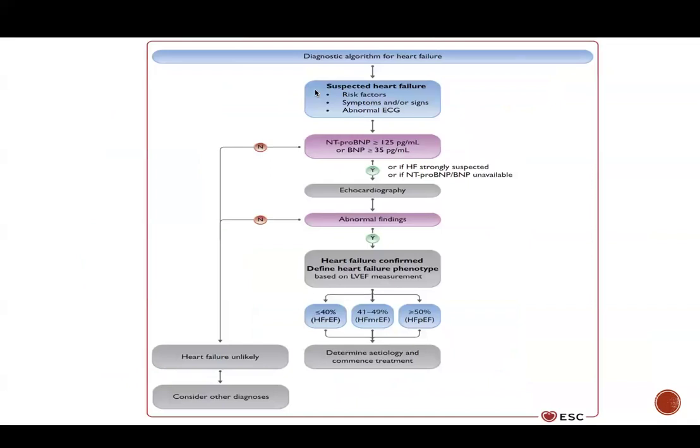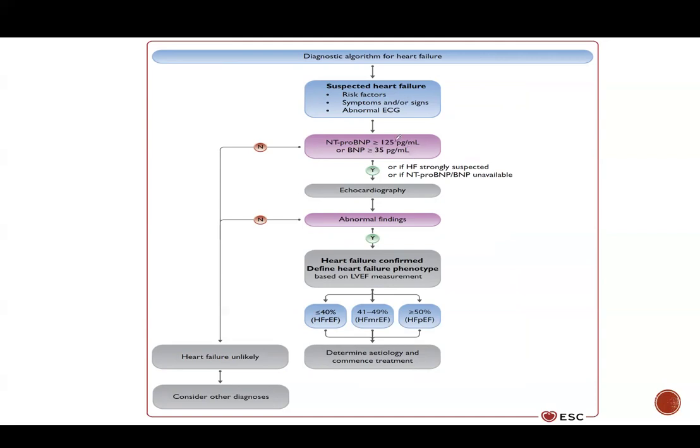So for any patient with heart failure, what is the diagnostic algorithm? If you are suspecting that a patient may have heart failure, with symptoms and signs, abnormal ECG or risk factors present for heart failure, you need to first do NT-proBNP or BNP levels. If this NT-proBNP or BNP is elevated, then you do echocardiography to define.